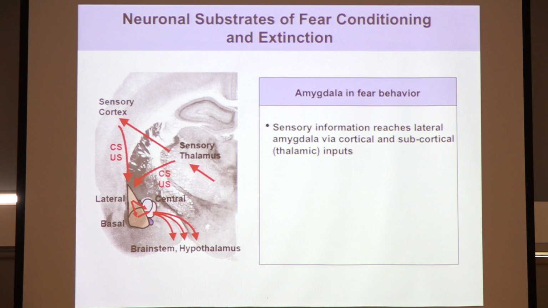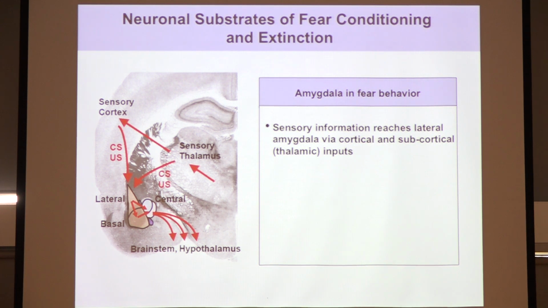So what are the neuronal substrates of fear conditioning and extinction? This is a coronal slice from a mouse brain where you see the amygdala. It has been shown that this region of the medial temporal lobe is really important for associative memories.